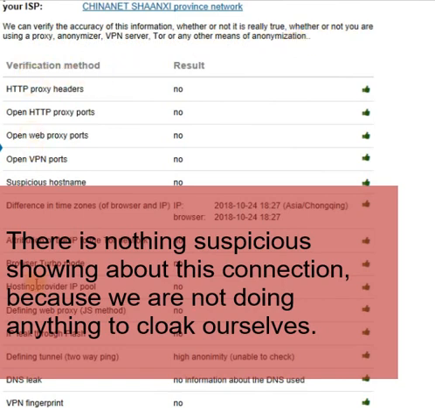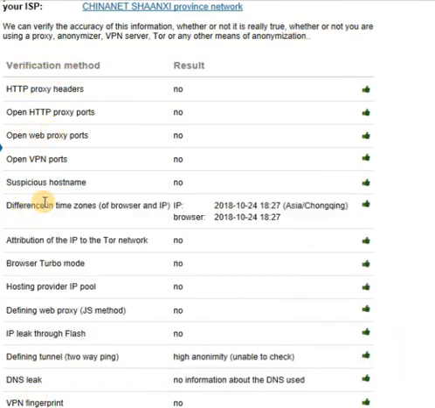What you see here is all the criteria that they check for and what kind of results it gives. If there were a yes on any of these criteria, that would be a potential red flag to a website such as eBay or PayPal that you were doing something suspicious to hide your identity from them.